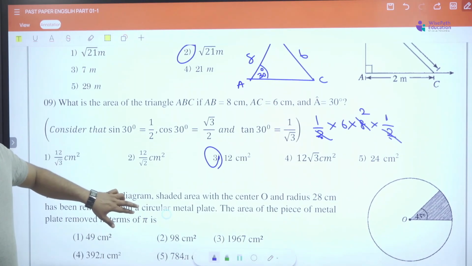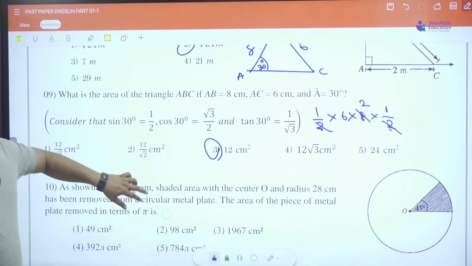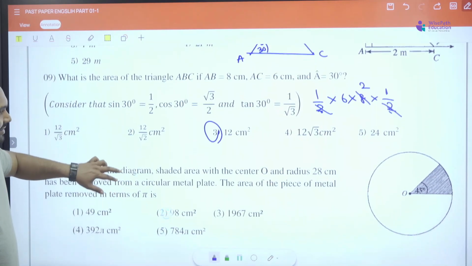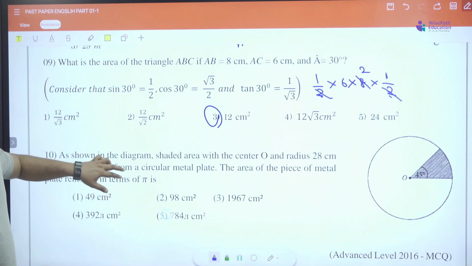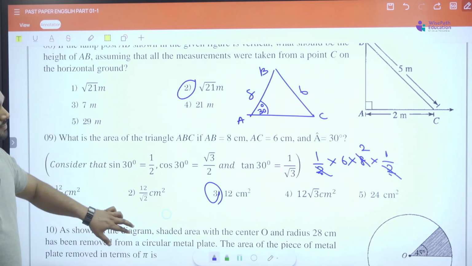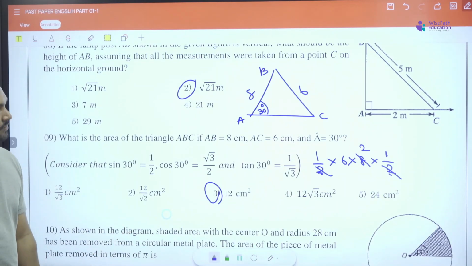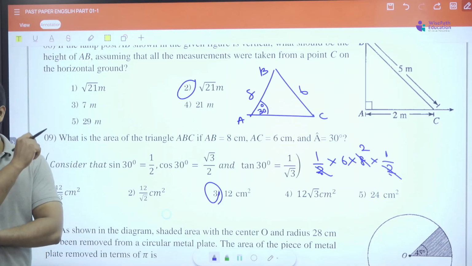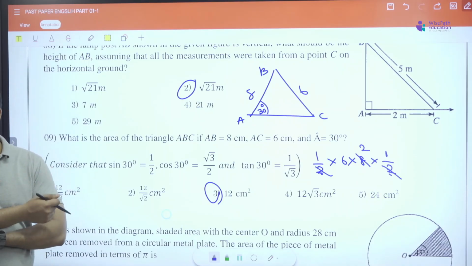Easy. Finished. Done. Half AB sin C is the formula. This is just to practice the formulas, that's all.